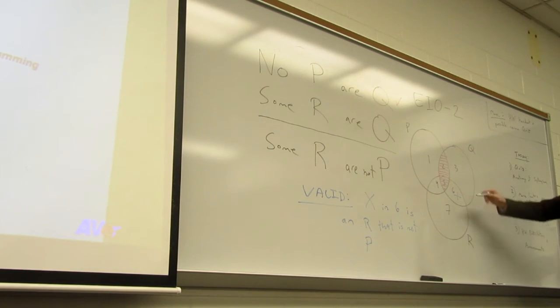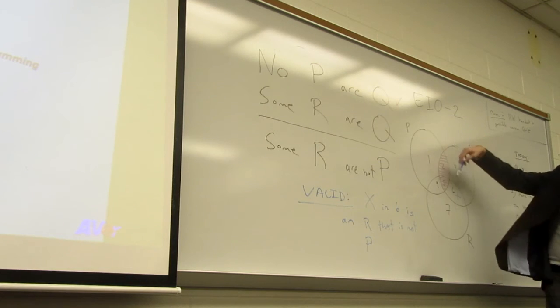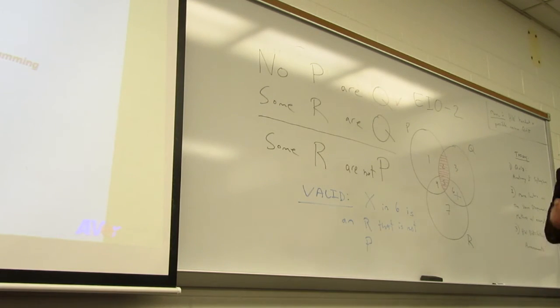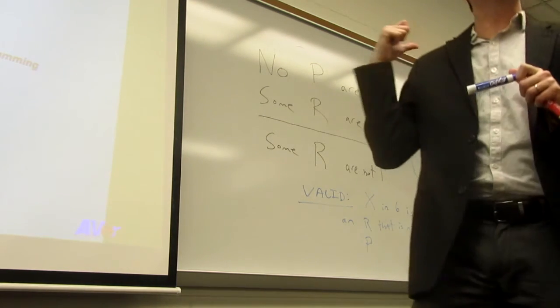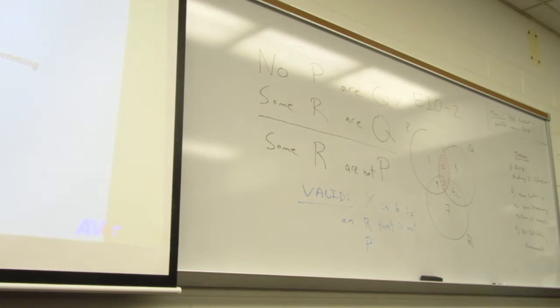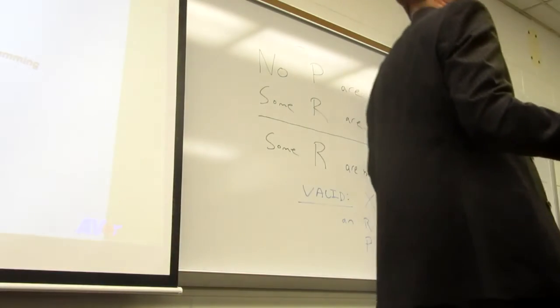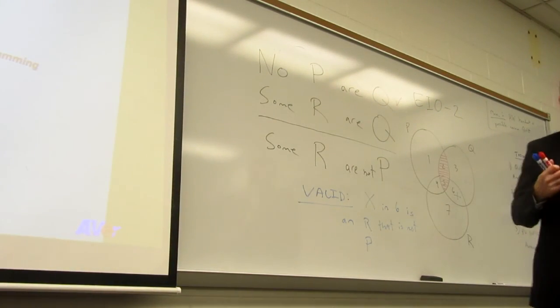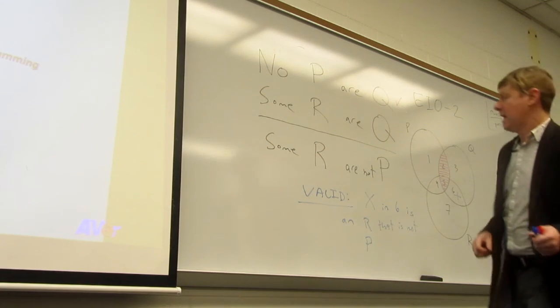This is an R. See, it's in the circle R, but it's not in P. That's really all you needed to do to explain why that one's valid. Relatively simple once you get used to it, once you get a little practice. Relatively simple stuff. Next.